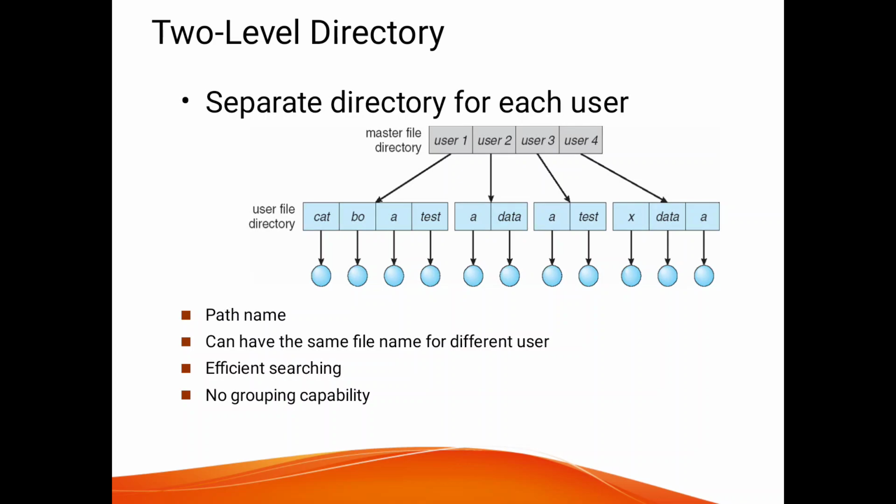In the two level directory, many users can have the same directory name, so we can group them. So here we can have the same file name for different users, with efficient searching, but no grouping capabilities.